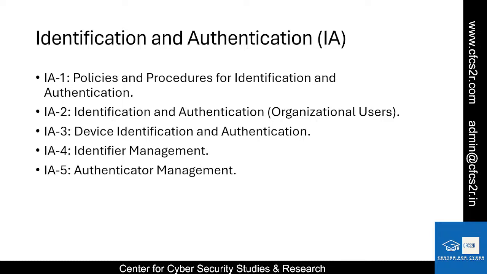Apart from this, specific system components in the enterprise supply chain network are also covered. We have certain controls related to this, like IA-1 policies and procedures, IA-2 identification and authentication, device authentication, identifier management, and authenticator management. So these important points are there.